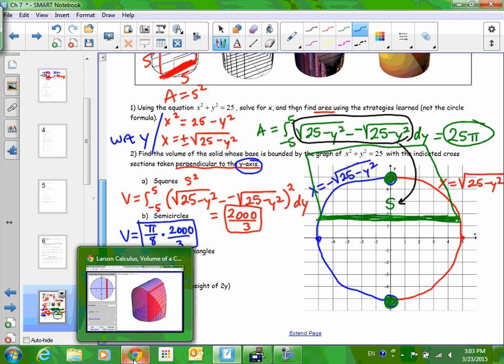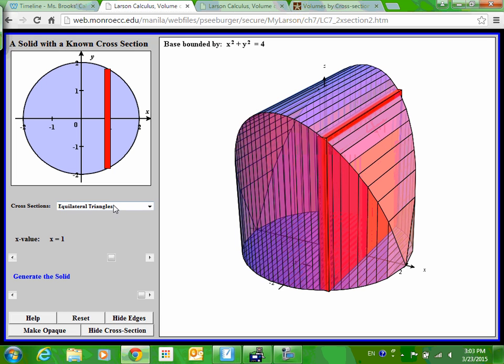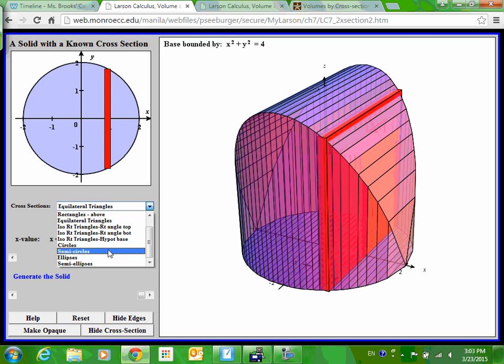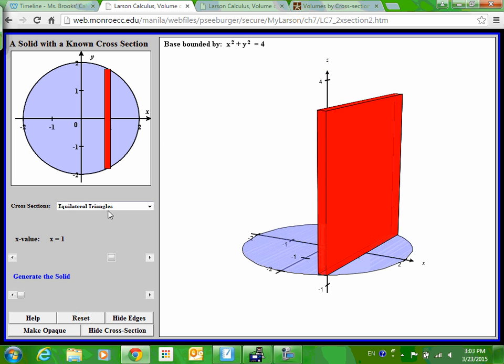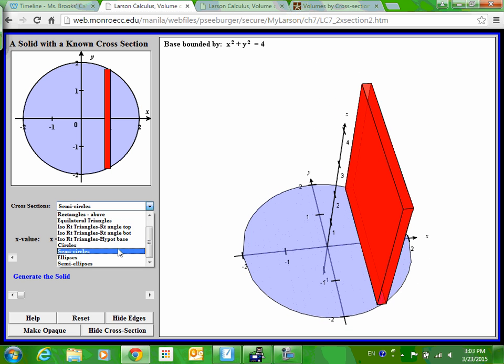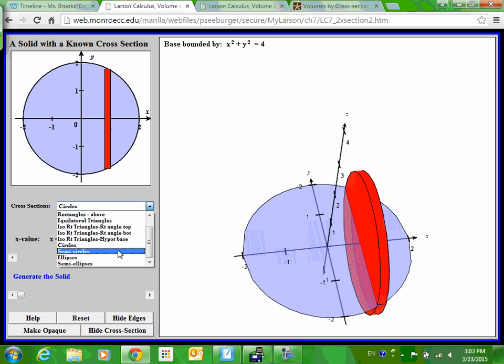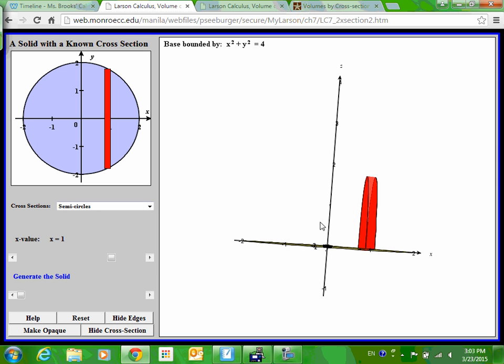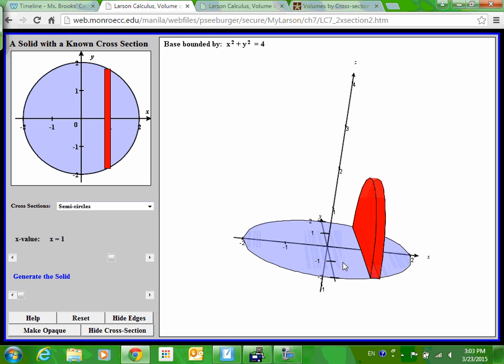I do want to go ahead and show you what the semicircles would look like, so that you understand why it's different. Okay, in this thing, and you can kind of go in here and do this if you want. Okay, so same base. And the base is not always going to be a circle. It's just, this is the problem we're starting with. And we have a semicircle.